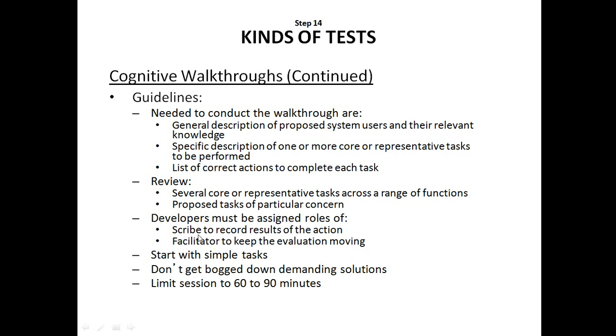They should and must include a scribe to record the results of the actions, and a facilitator to keep the evaluation moving. This cognitive process should and must start with a simple task. Don't get bogged down demanding solutions. As well as, we restrict this cognitive walkthrough session to 60 to 90 minutes.